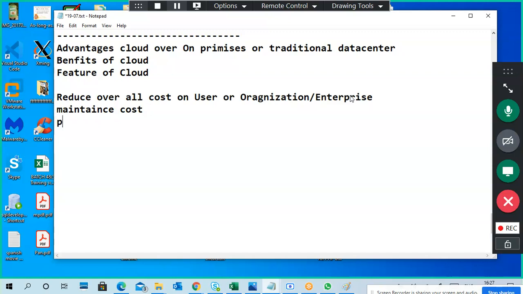Okay, purchasing cost. What is the spelling? So overall purchasing cost, maintenance cost, security cost.